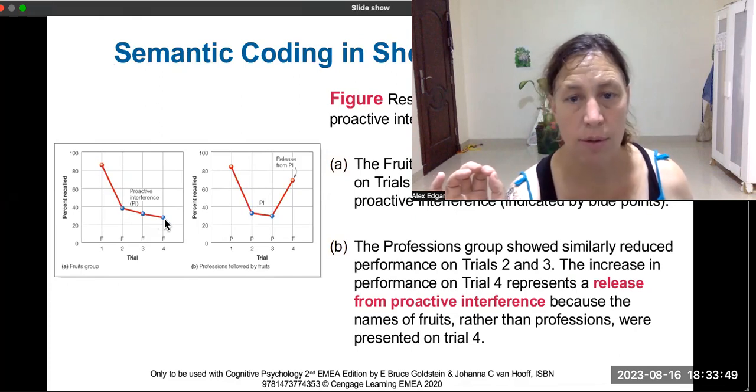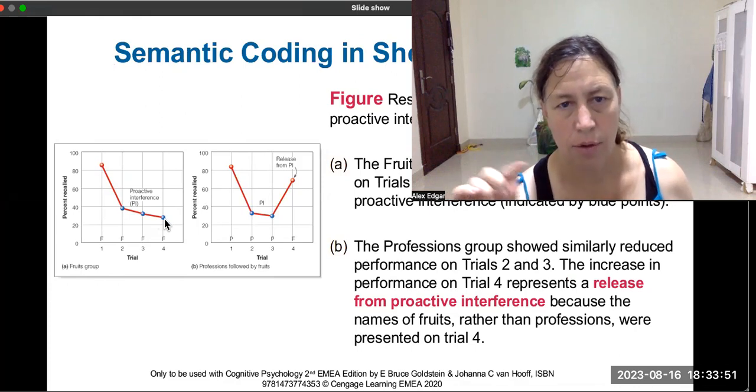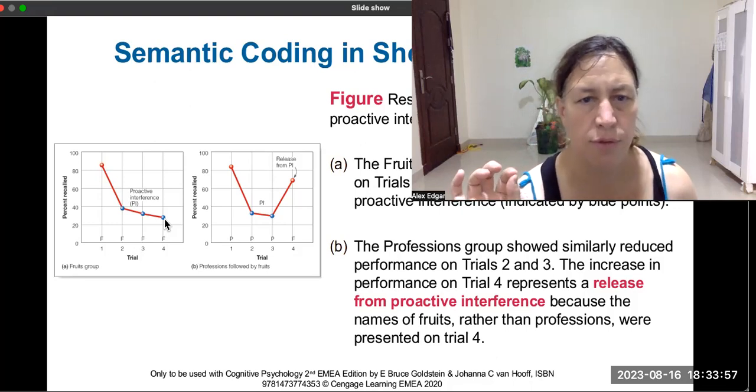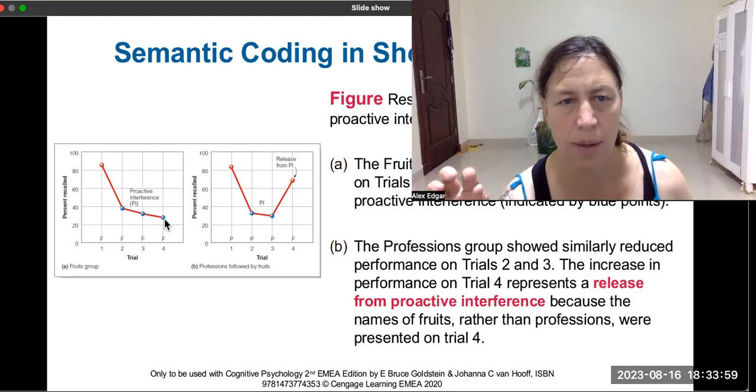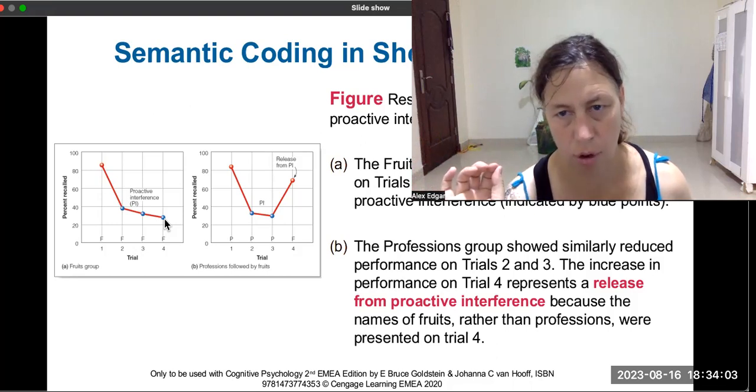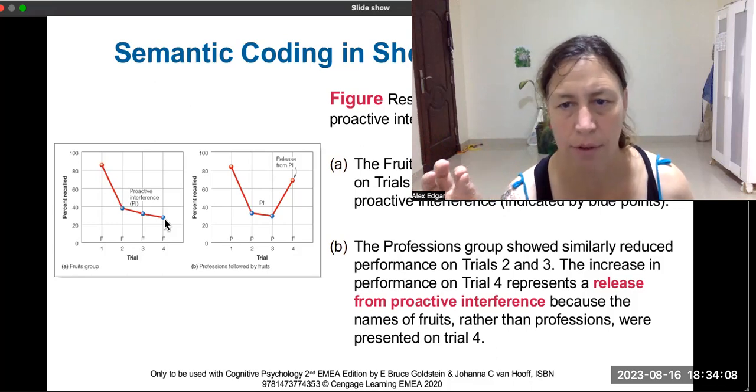The professions, can you see there? They went profession, 80 to 90%, profession, 30 to 40, profession, 30 to 40, and then they were asked about fruit, and they went right up and remembered about 70% of that information because they were released from proactive interference.